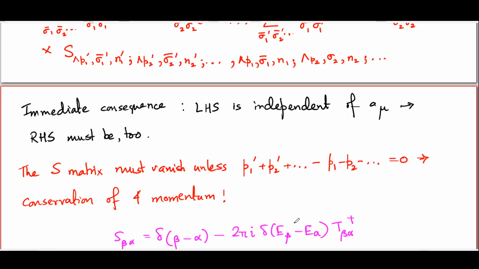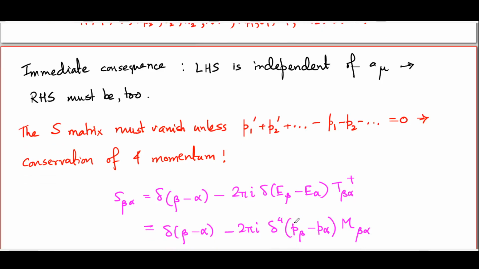That's basically because all theories that we have were theories with time-independent Hamiltonians and they are automatically time translation invariant. What Poincare invariance does on top of this is to force 4 momentum conservation, not just energy. All the other 3 components, the spatial components of 4 momentum, must also be conserved.